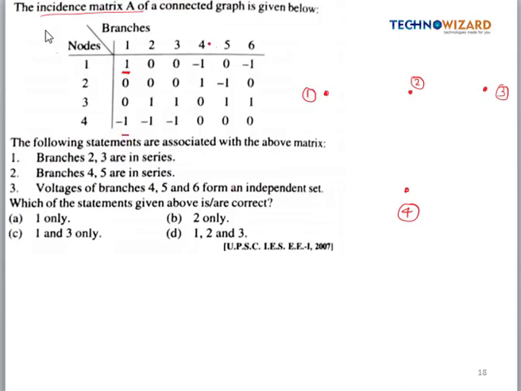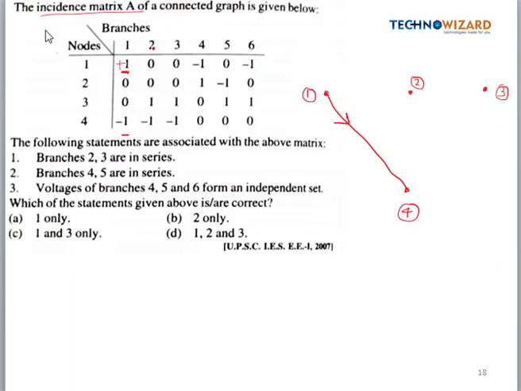So I will draw a branch like this. This is plus 1, which indicates this branch is going outward from node 1 towards node 4, because at node 4 the direction is inward, so it will be minus 1 at node 4, and it is going out from node 1, so it will be plus 1.